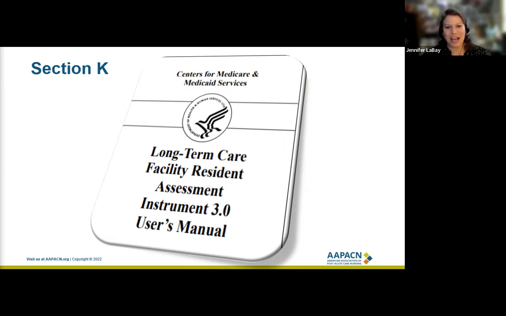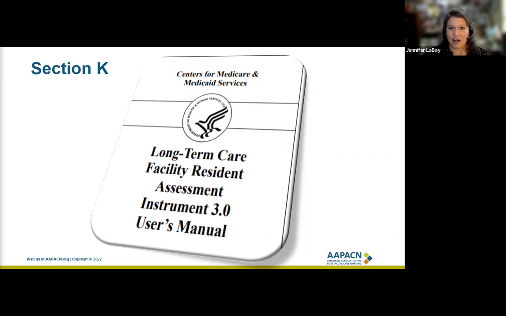There is a new draft out, as some of you may have seen. So bet your bottom dollar we'll have a draft RAI User's Manual update, hopefully in early 2023. One can only hope, because there's quite a few changes. The item set that you are currently working with is item set 1.17.2.